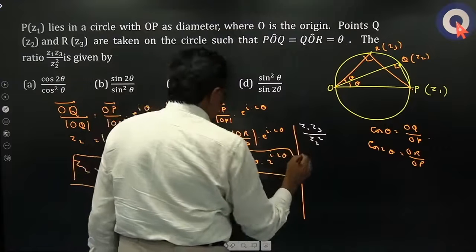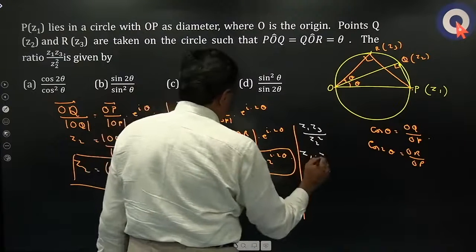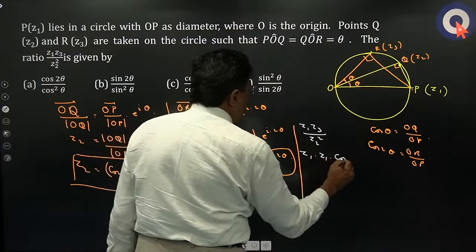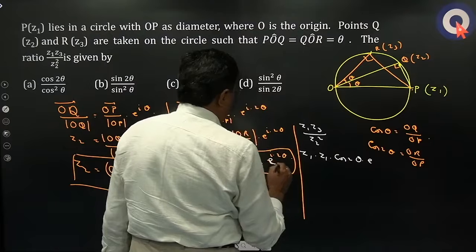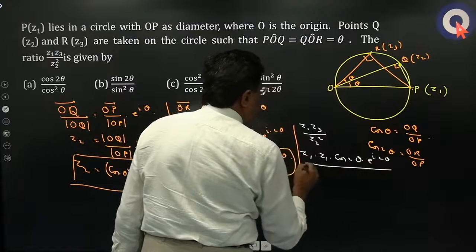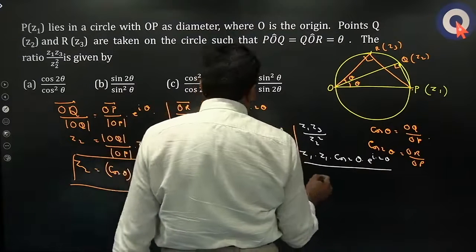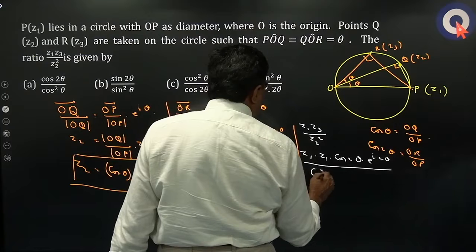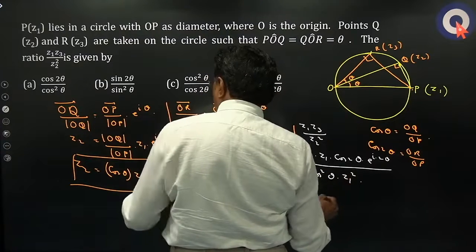So Z3 is Z1 cos 2 theta e power i 2 theta, by Z2 square, which is cos square theta Z1 square e power i theta whole square.